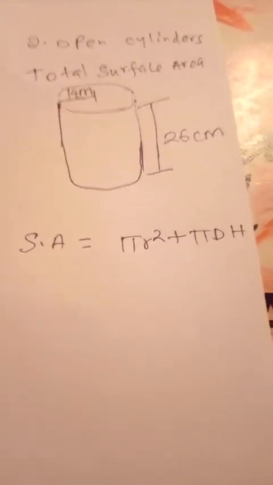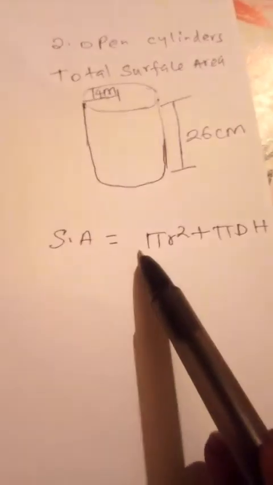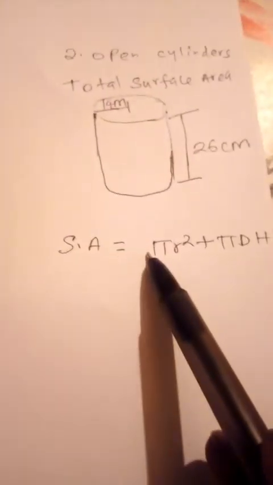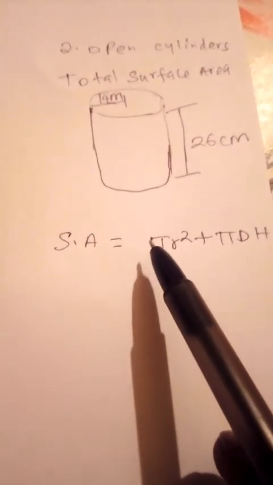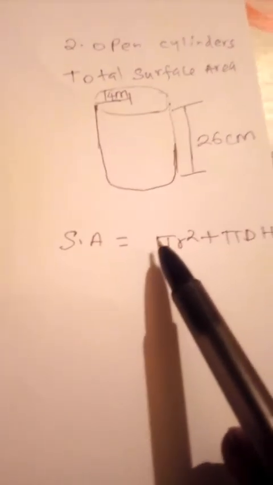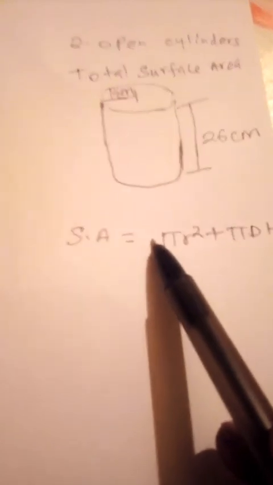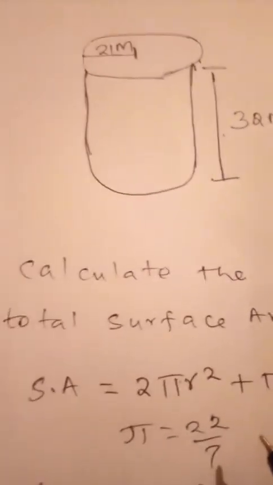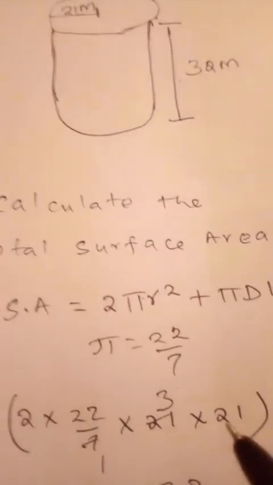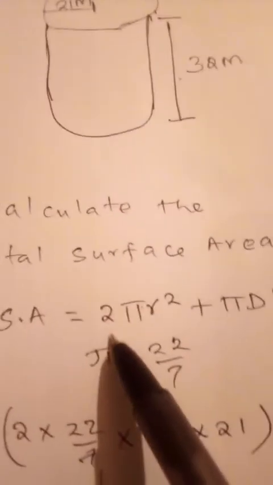When we are calculating an open cylinder, we don't place 2 here. But if we are looking for the total surface area of a closed cylinder, we place 2 here.